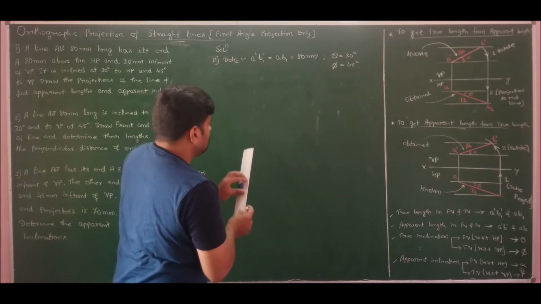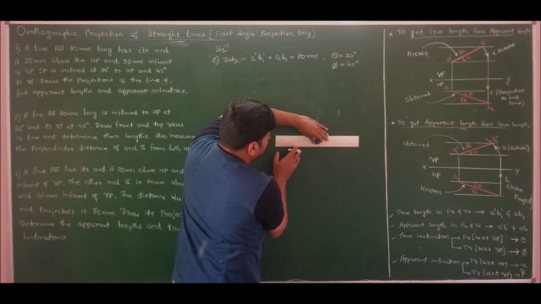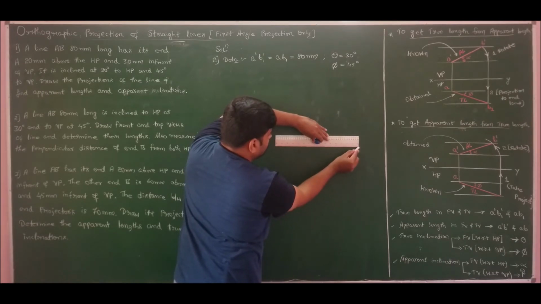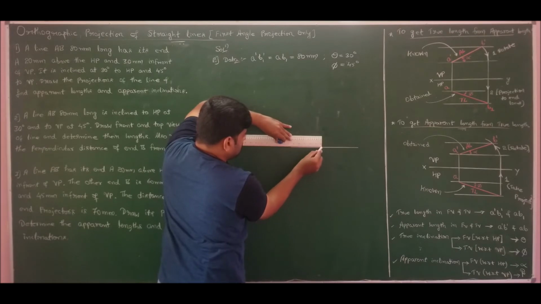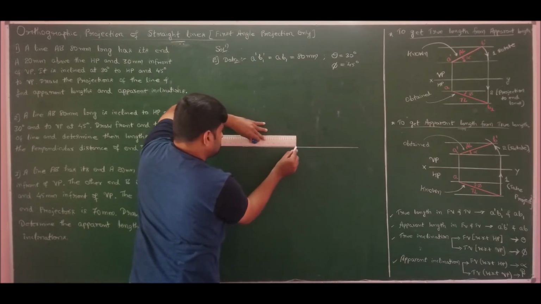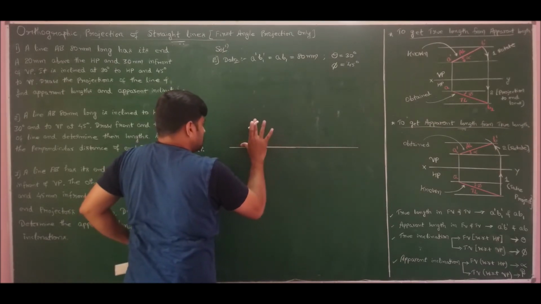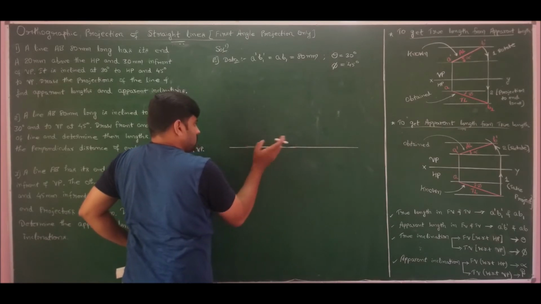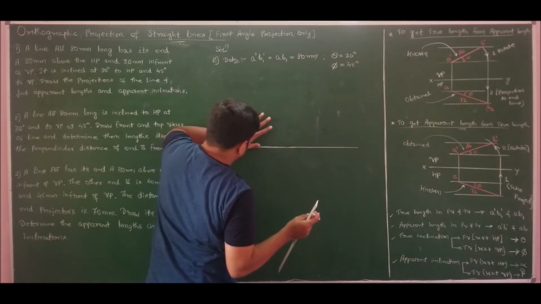So if I solve this problem, first lay down the XY line, which is the reference for us. He is stating that the line is inclined to HP and VP directly. So therefore, on the XY line itself, I should show the inclination.